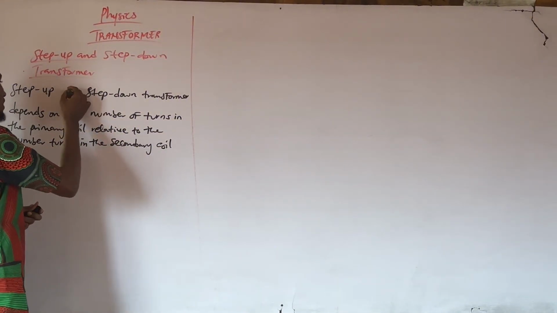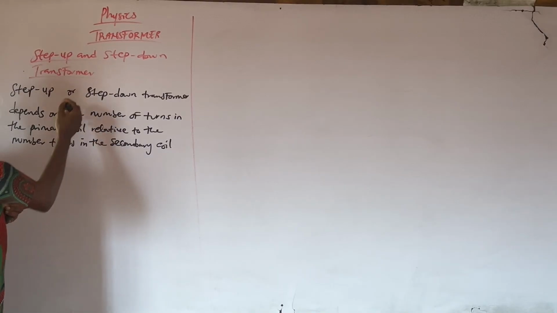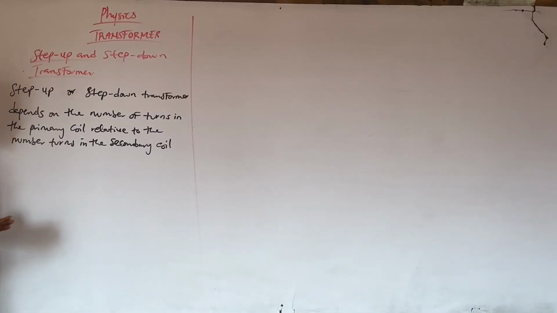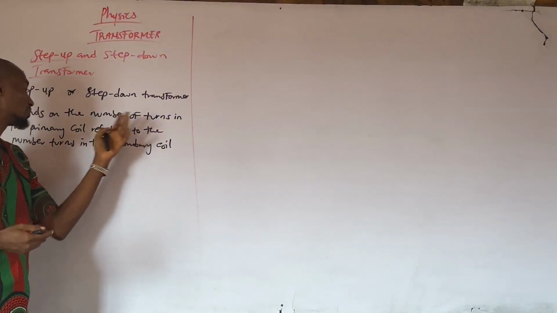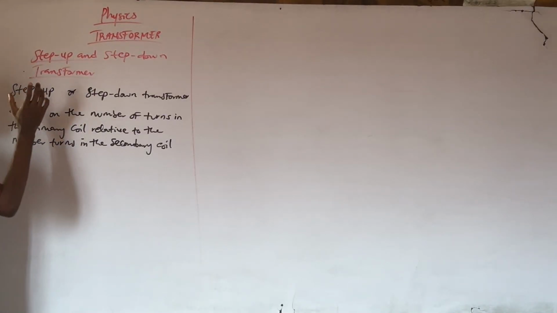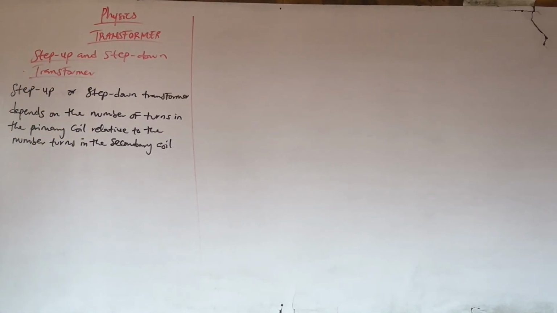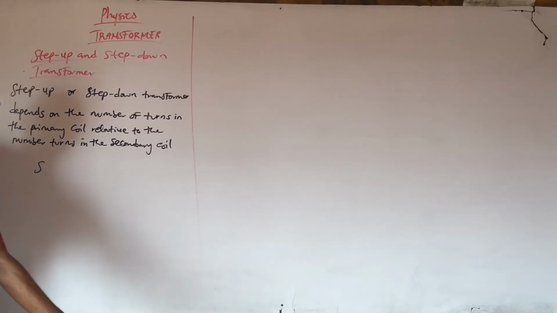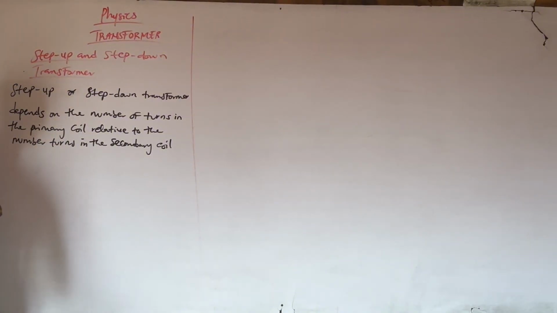It depends on the number of turns in the primary coil relative to the number of turns in the secondary coil. Now, let's study them individually. Let's talk about step up transformer.